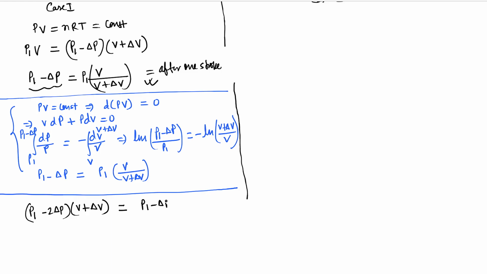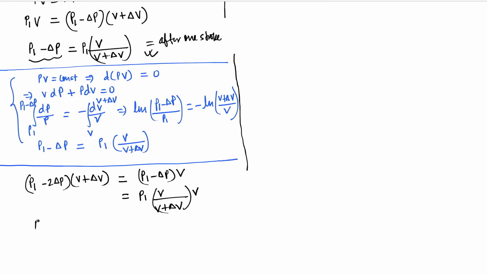(P1 - delta P) V, and P1 - delta P is nothing but P1 V by (V + delta V), and therefore P1 - 2 delta P is P1 V by (V + delta V) whole square.